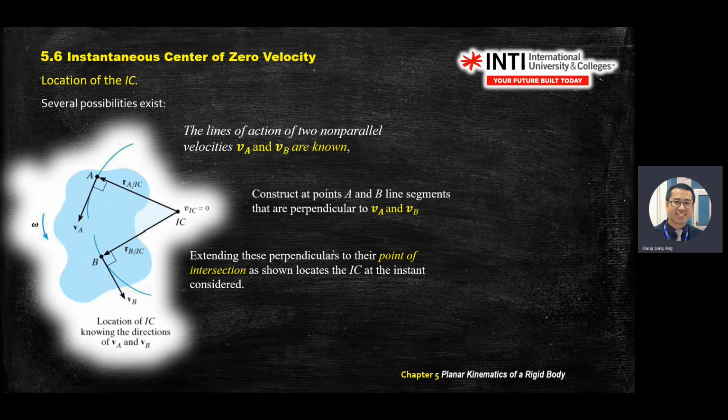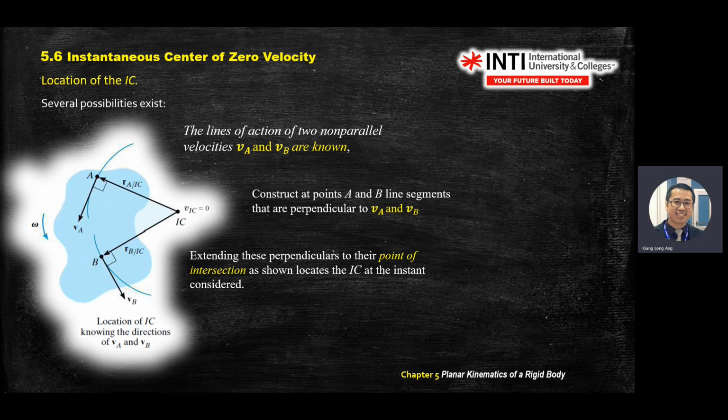Go to point B. Point B is also moving in this direction, also circular motion. VB is 90 degrees to the tangent. Again, put your ruler on the velocity, and draw a line along the edge. These two will meet at your IC point.